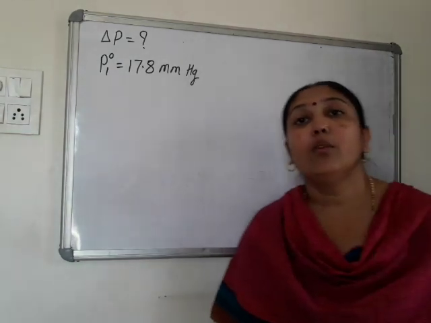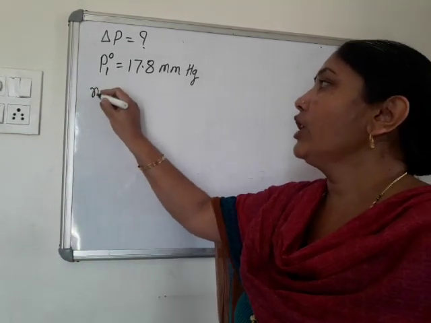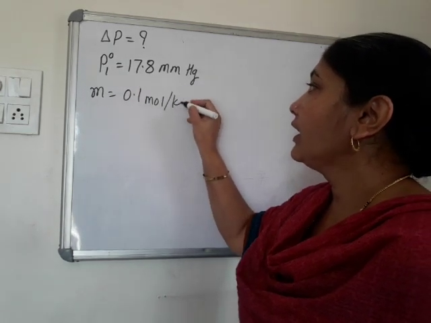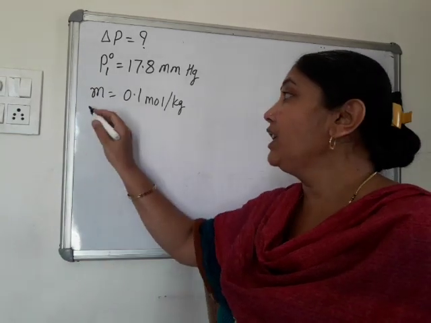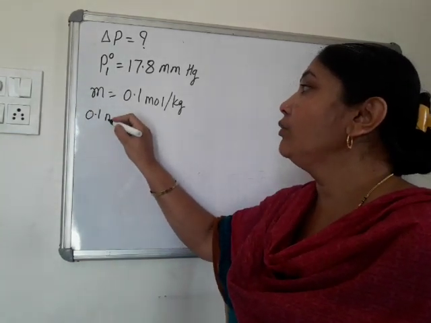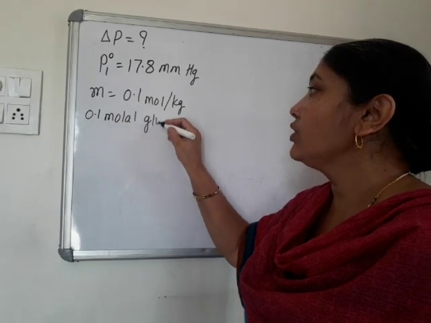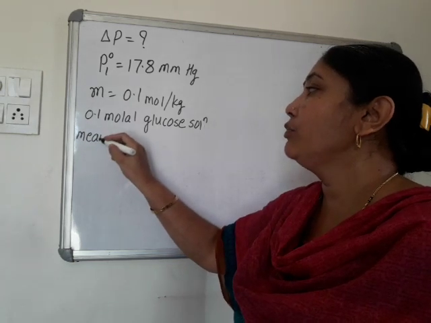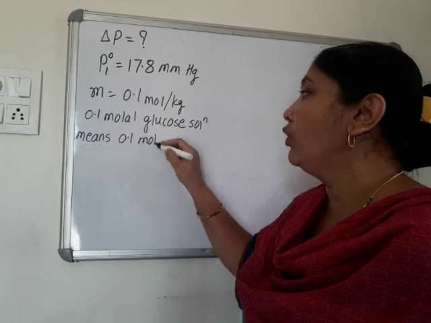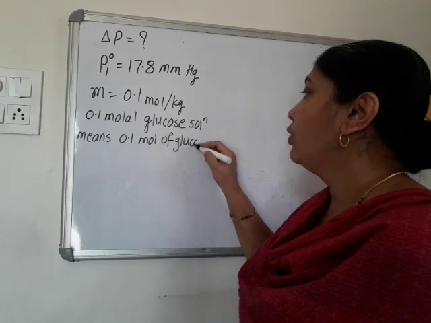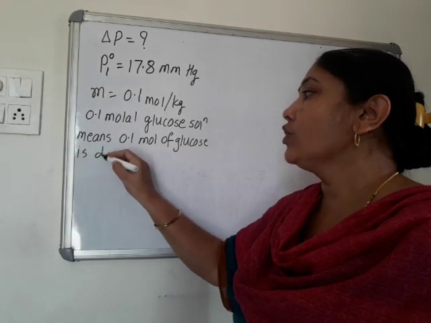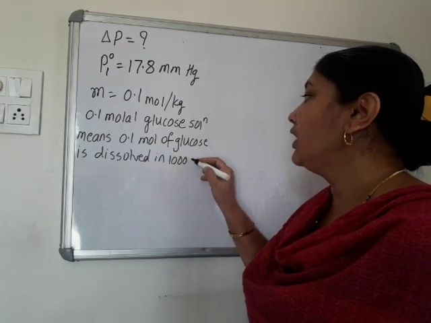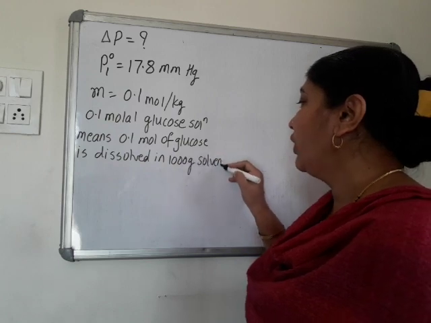They have given us the molality of the solution. What is the molality? 0.1 mole per kg of glucose. What does it mean? 0.1 mole of glucose is dissolved in 1000 gram of solvent, 1 kg of water.